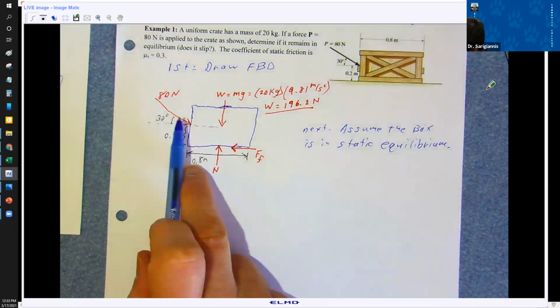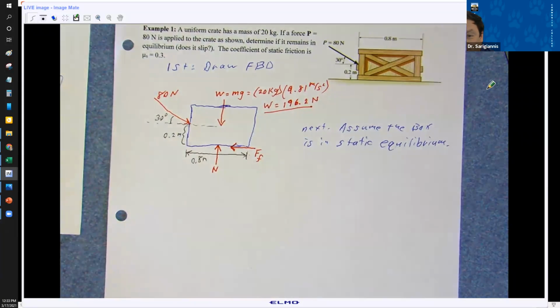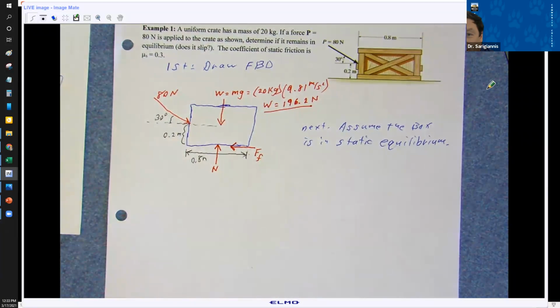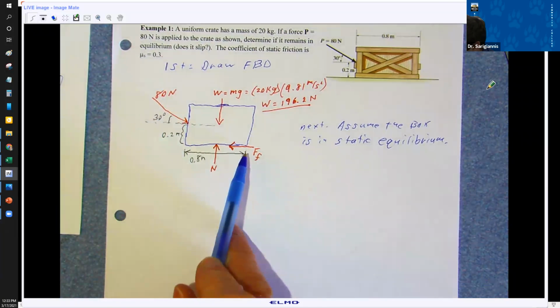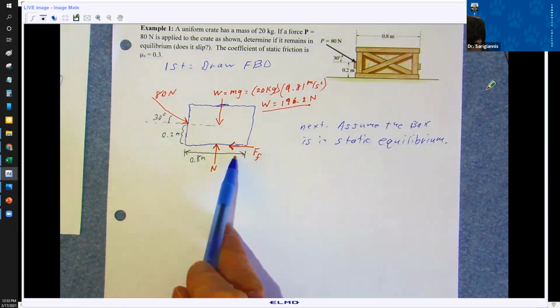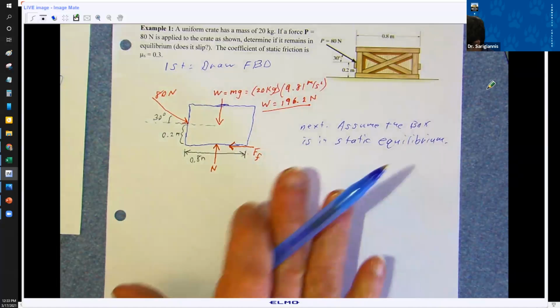We don't know what the force of friction is here. I mean, we could calculate that from the normal force, but what I want to do is figure out the force needed to keep it from moving. In other words, we've got 80 newtons applied, right? What's this force of friction got to be to keep it from moving?